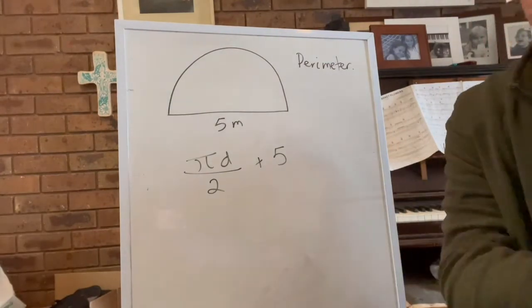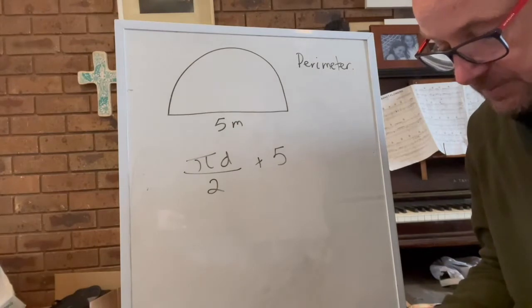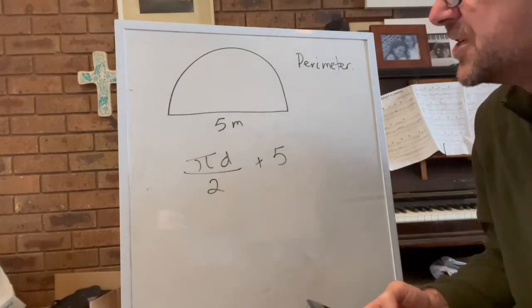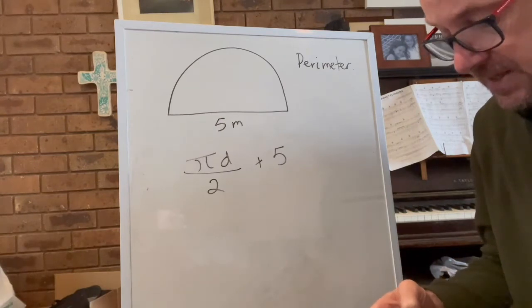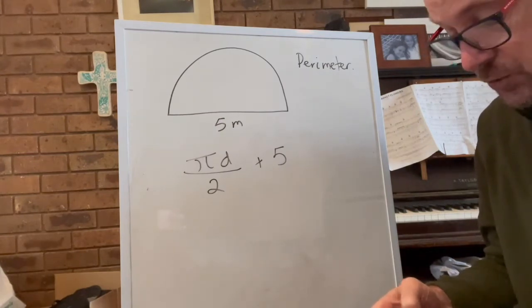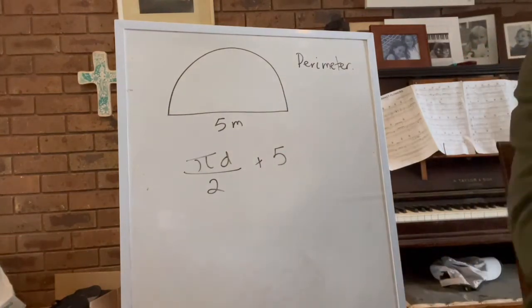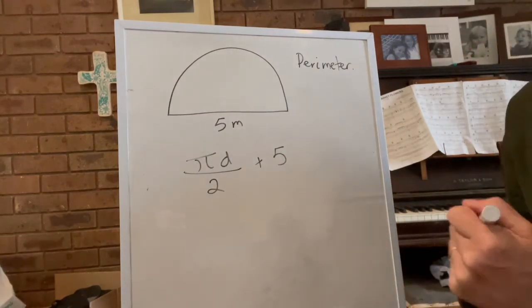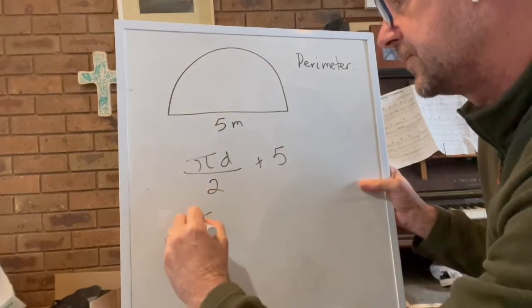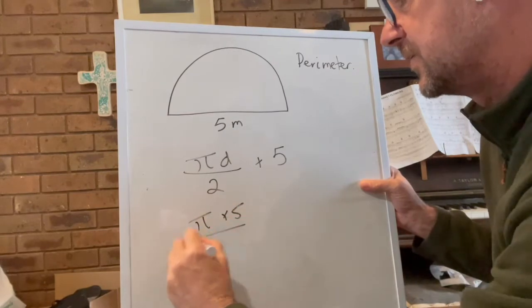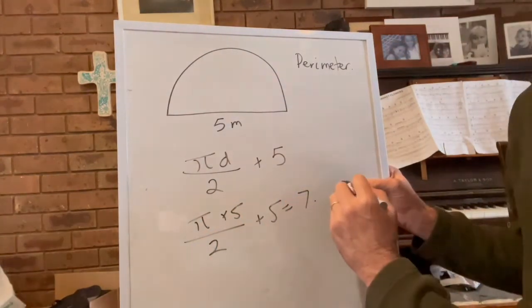So on our calculator, we're going to do pi multiplied by d, which in this case is 5, and then divide that by 2. That gives us 7.85.